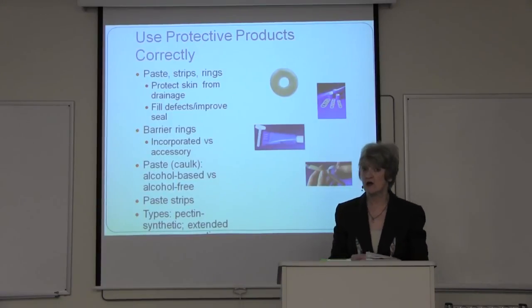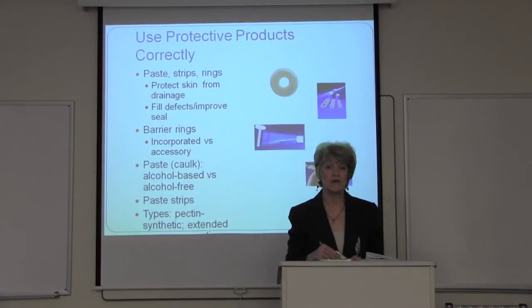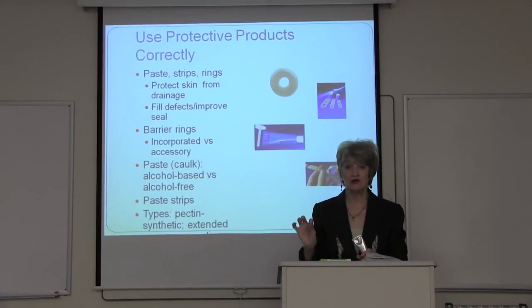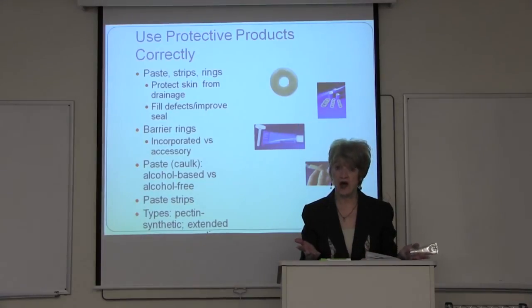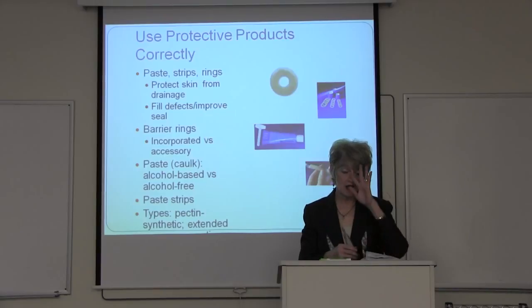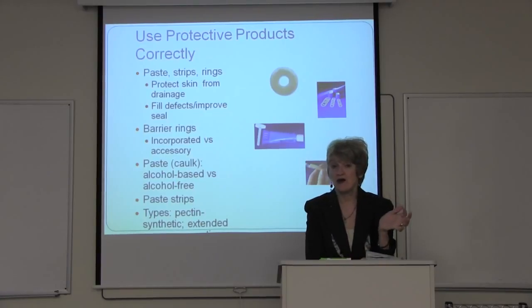When you come on site, we'll talk a little bit more about the barriers that are available, the pouching systems that are available that do not contain pectin, gelatin, those products. The reason we talk about those is because you will occasionally have a patient who develops a pectin allergy or an allergy to one of those synthetic products.